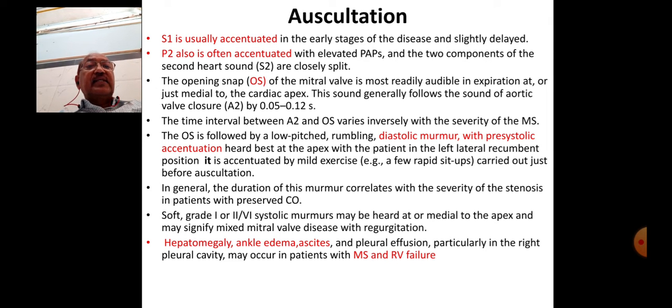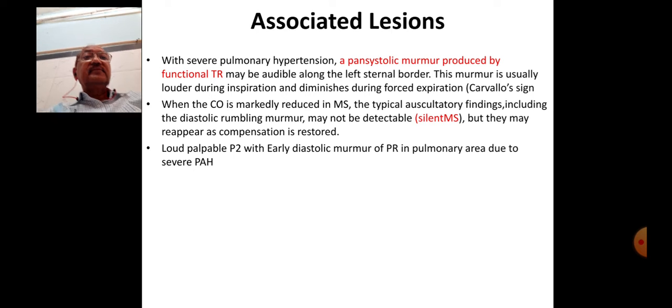And of course, the signs of right-sided failure in the form of increased JVP, hepatomegaly, ankle edema, ascites, and right-sided pleural effusion may be found. Associated with severe PH, you have a pansystolic murmur produced by functional TR.